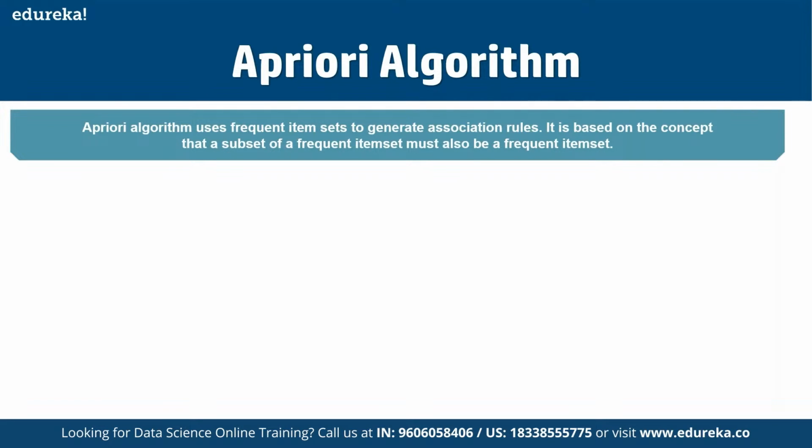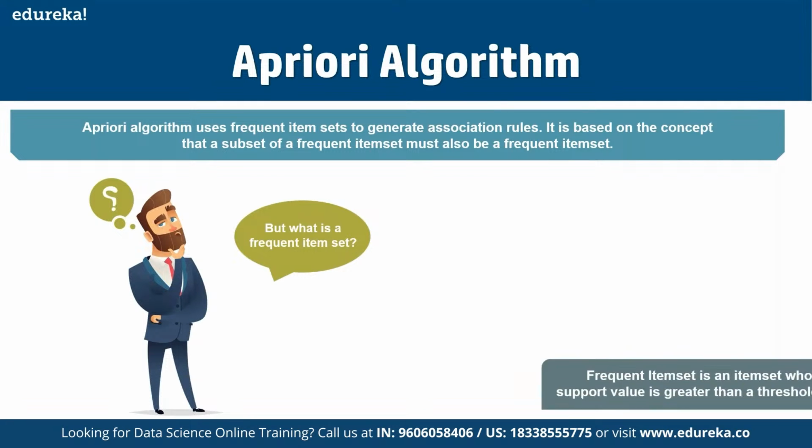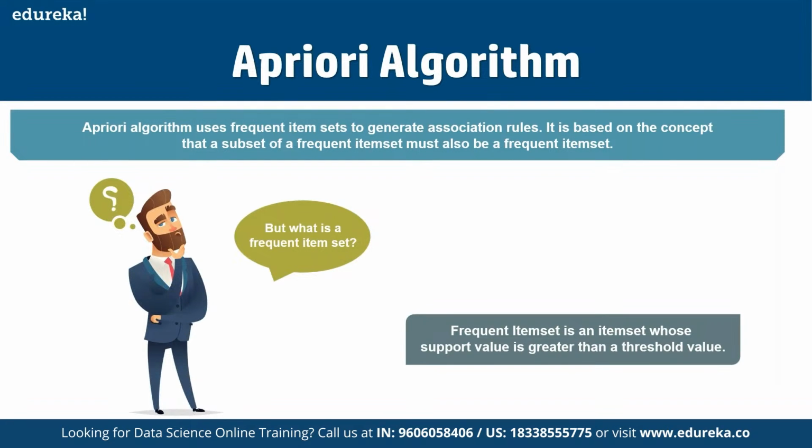And a frequent item set is an item set whose support value is greater than a threshold value that we have set.